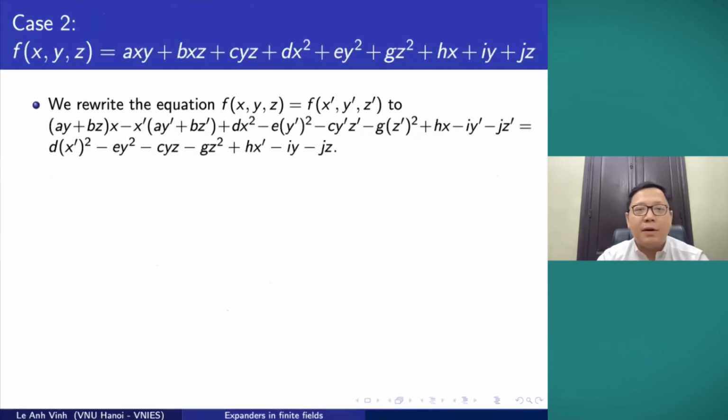And you can do it in a similar way for the second case, when you have all three mixed terms, xy, xz, and yz.